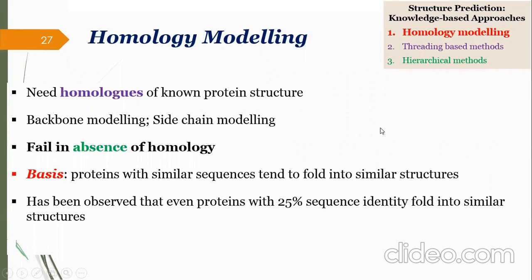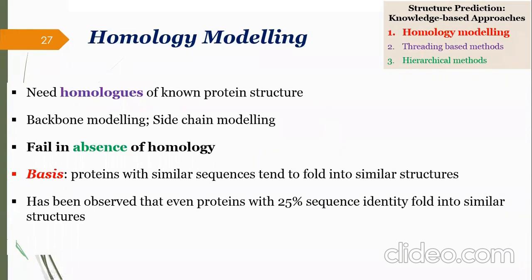If a sequence shares 80% identity with another sequence, that's well done, go for homology modeling. If 50% identity, that's okay, go for it. Even with 25% identity, go for homology modeling. But if it is less than 25% sequence identity, don't opt for homology modeling. Am I clear?